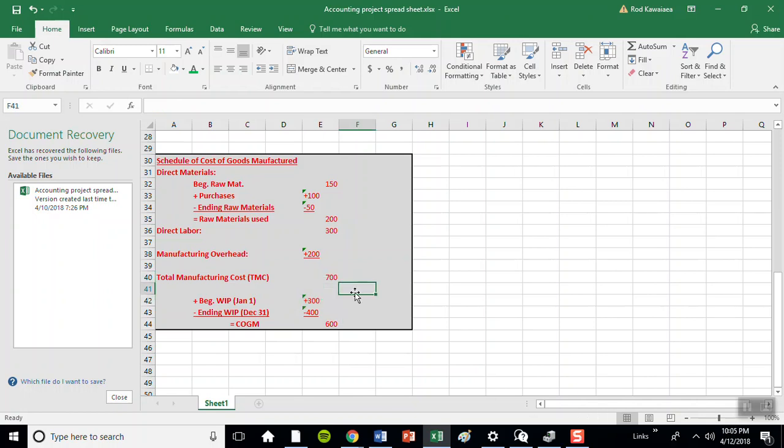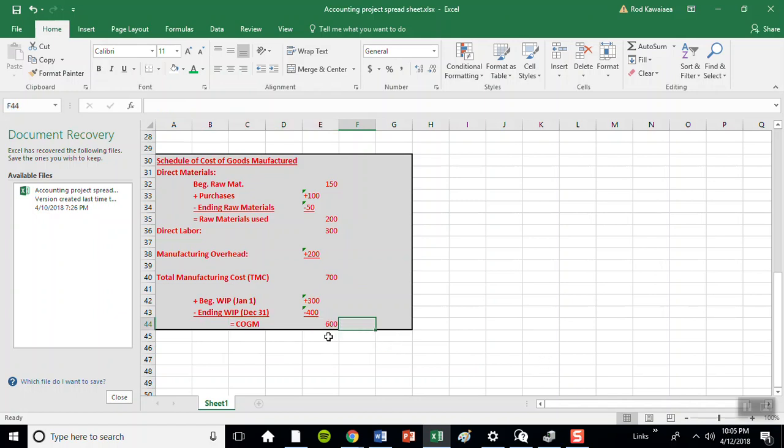From that, we will subtract our ending work in process. This is finished goods that haven't sold yet, so that are still in our inventory. Let's say we still have about $400 worth of inventory. We subtract that from the 1,000, then we get our cost of goods manufactured, which is $600.